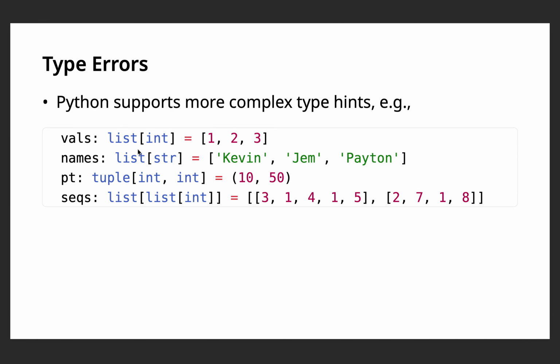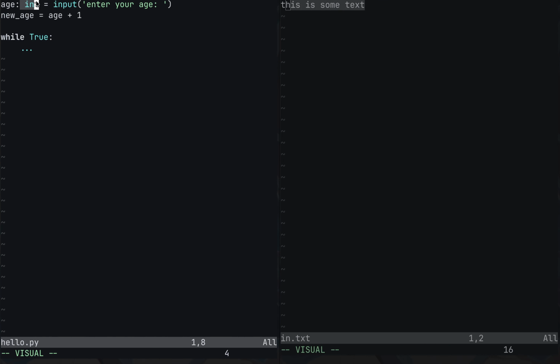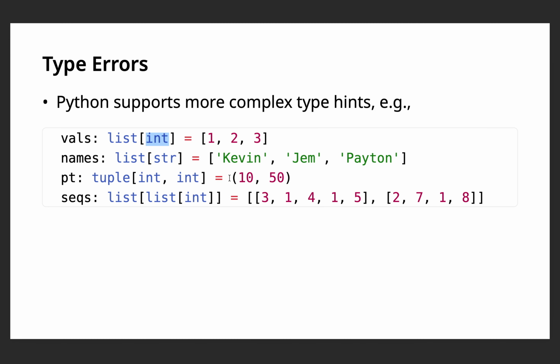Okay, so aside from just the standard type hints we've seen so far for basic values like integers, strings, and similar stuff, Python also supports more complex ones. So if you want to type a list of something, for example, a list of integers, you would type it like this.